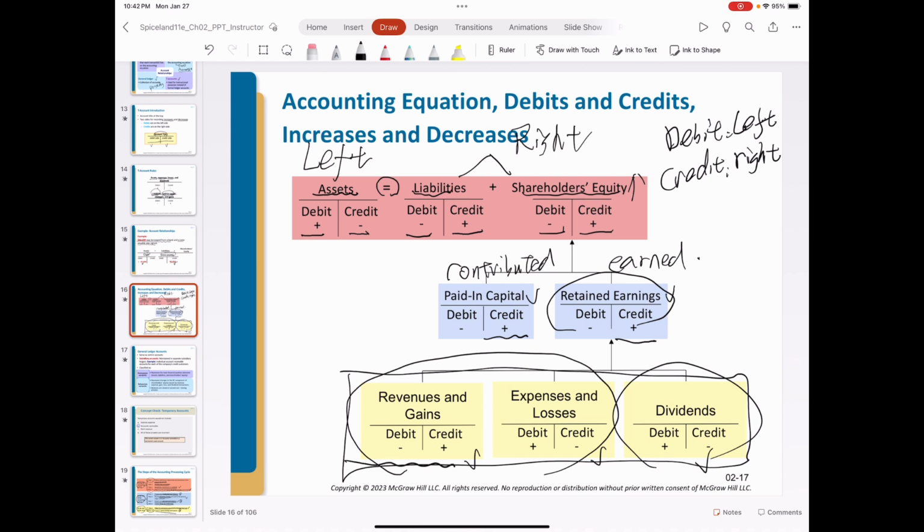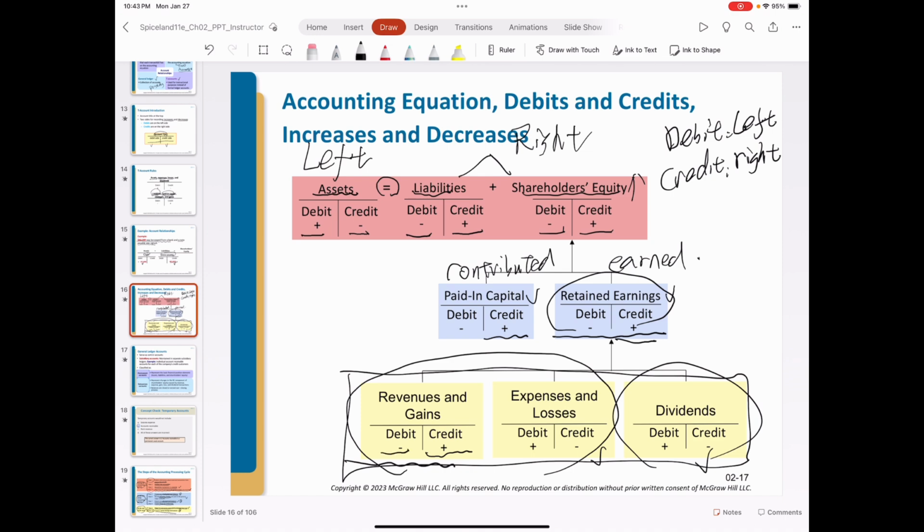The revenue has a positive relation with the retained earnings. So revenue and gains are both credit accounts. When the firm recognizes revenue or gains, we put the number on the right, credit. If the revenue or gains reduce, or we remove them, we will debit these accounts.